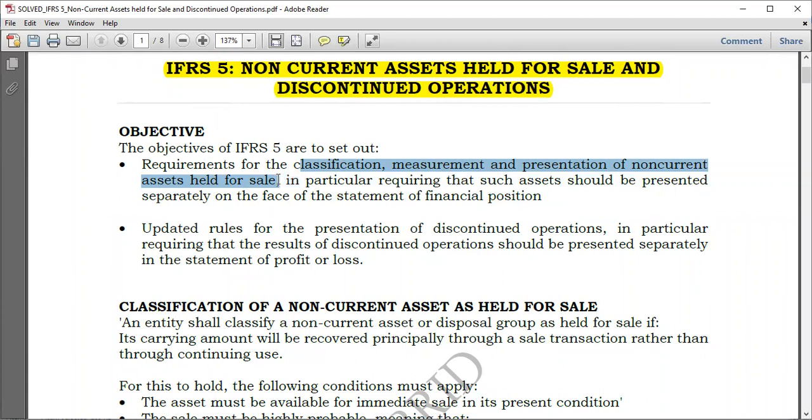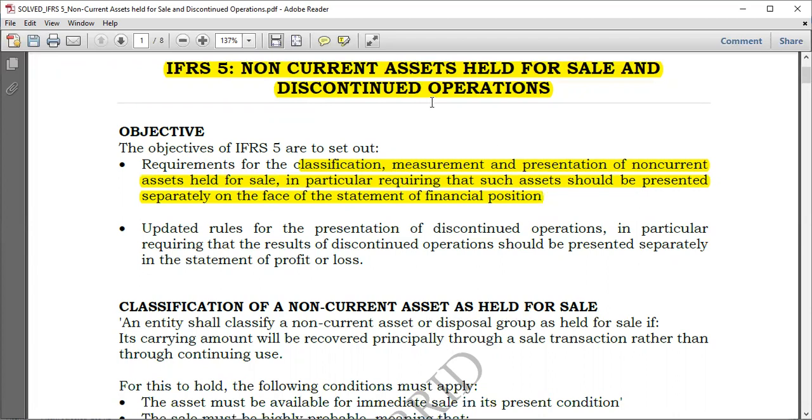In particular, requiring that such assets should be presented separately on the face of the statement of financial position. If you have PPE, for example, that is classified as held for sale, you cannot put it in the same line as PPE which are still non-current assets, which are actually not held for sale. You have to separate them.